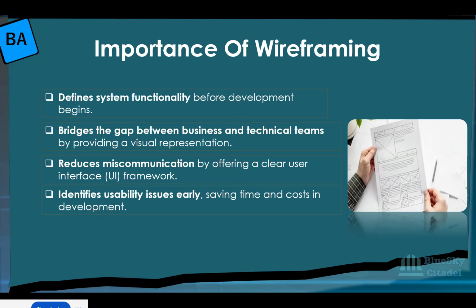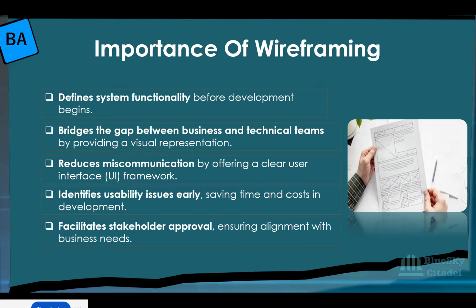So they can see that where I said it should be doesn't really work. Before any development goes in, we can see what it looks like, and if there are any issues, we can spot them early and change it before development starts. And again, you're saving time and money, which is also very important.